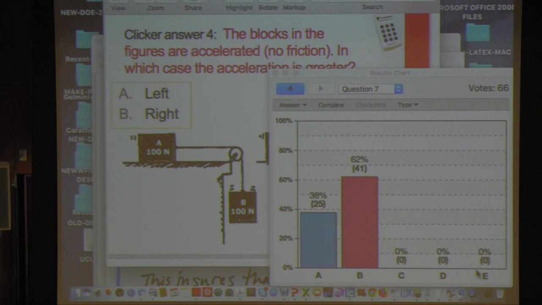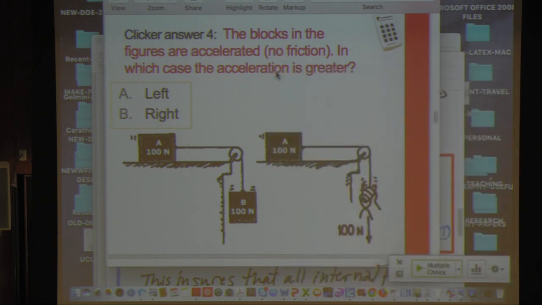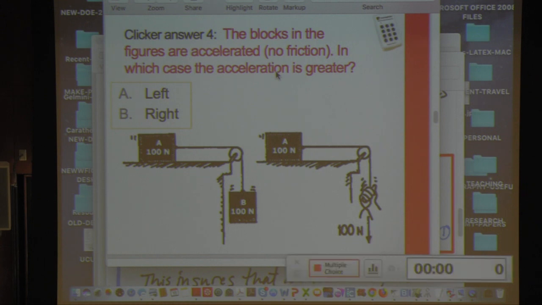Discuss with your neighbor. That's one situation in which you really have to discuss with your neighbor. And then vote again. Try to use this opportunity to discuss with neighbors.